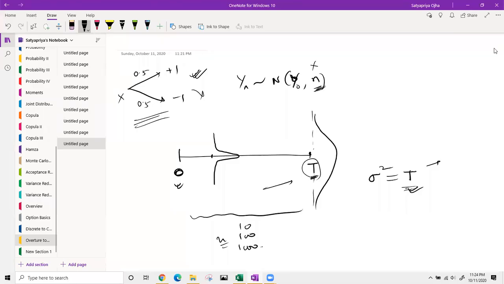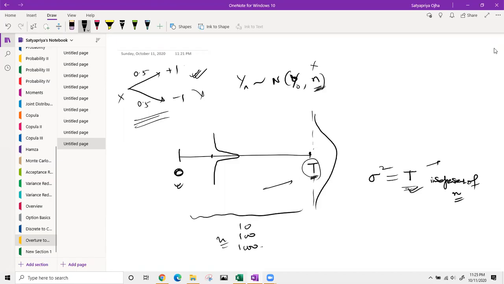We are slowly going to continuous, but in discrete settings, what can I do to ensure that the resulting variance of my random walk is t, which is completely independent of the number of steps n?